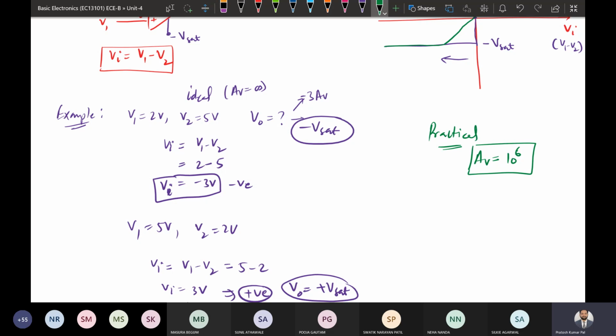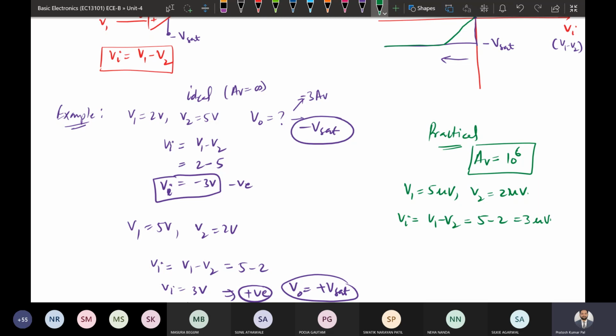So in this case, suppose V1 is 5 microvolt and V2 is 2 microvolt. Then V input will be V1 minus V2, which is 5 minus 2 equals 3 microvolt.